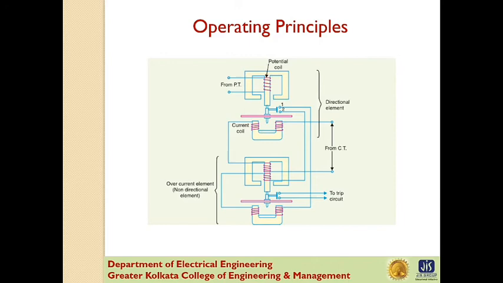Should this happen, the disc of the upper element rotates to bridge the moving contacts with the fixed contacts. This completes the secondary winding of the non-directional element. Now the disc of the non-directional element rotates and the moving contact bridges with the fixed contacts, and this operates the circuit breaker which isolates the faulty section.